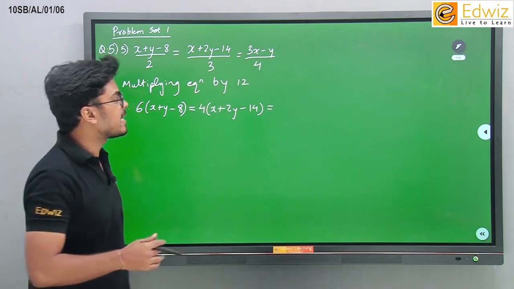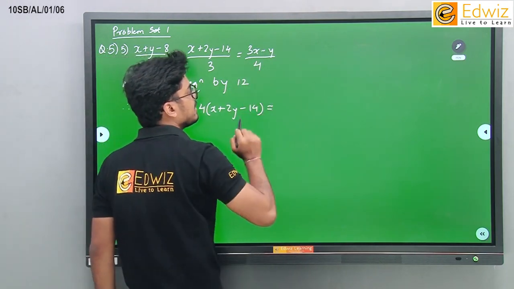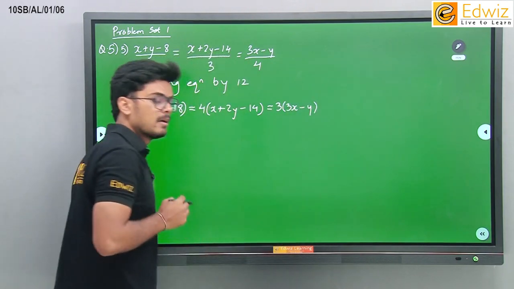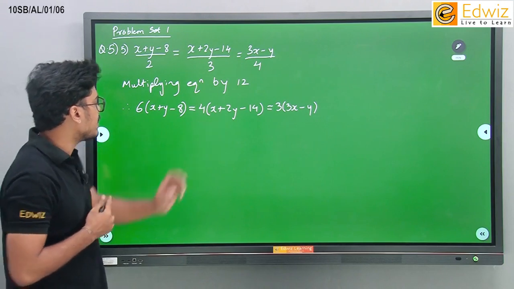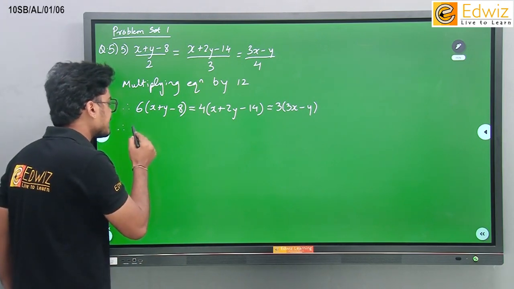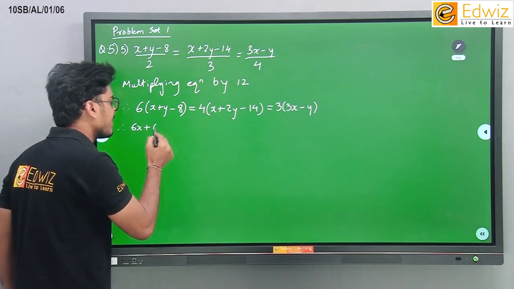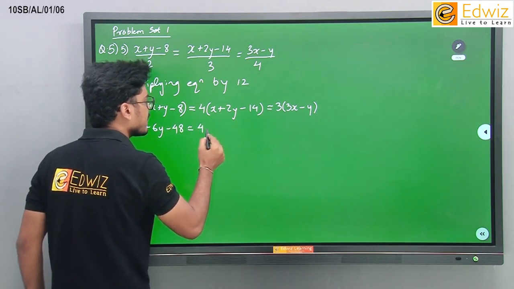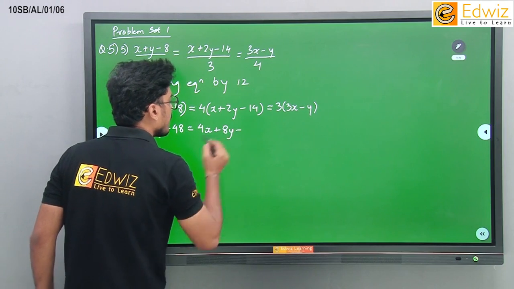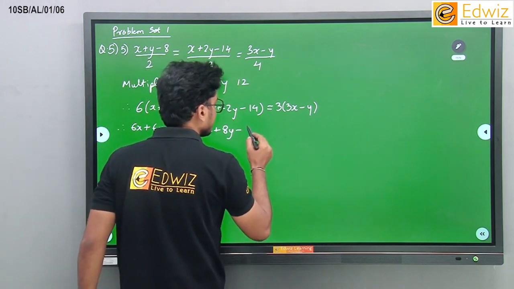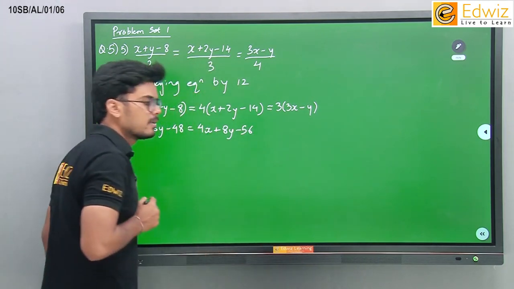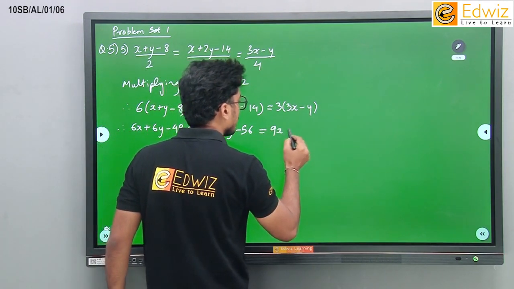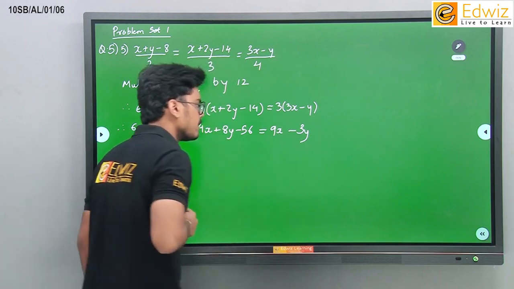If here we multiply 12, 4 3s are 12, so 3 multiplied by 3x minus y is what is left. So this main equation will now become 6x plus 6y minus 48 equal to 4x plus 8y minus 14 into 4 is 56. Correct? Then finally we have 9x minus 3y.